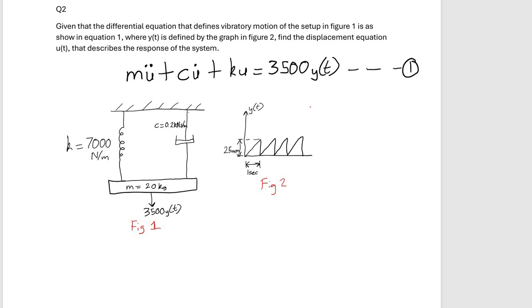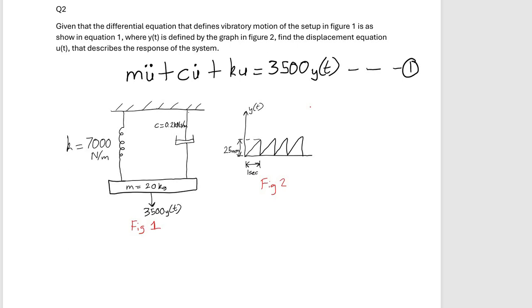We're also told that we have a periodic function, which is shown in figure 2. What we are tasked with is finding the displacement equation, or in other words, the response that best describes this particular system.